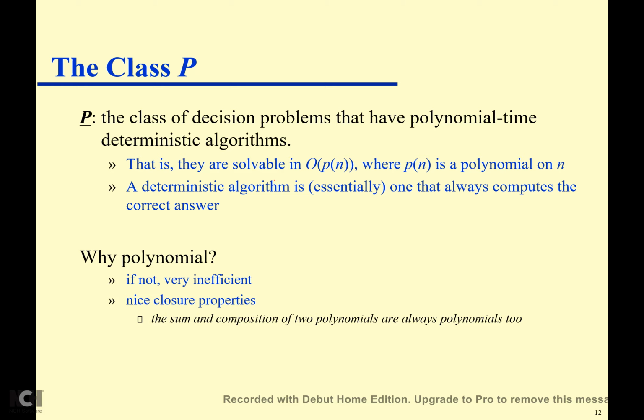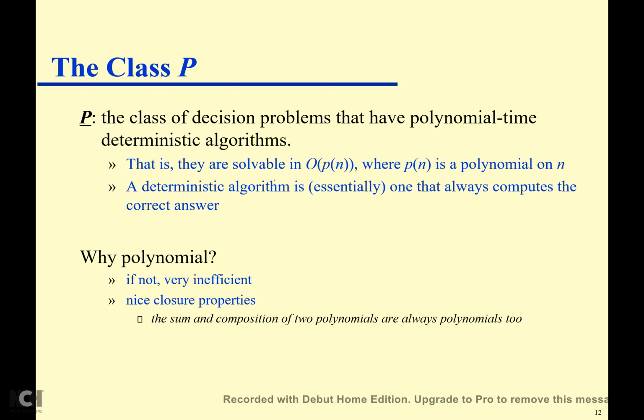That's the class P. This corresponds to the class of decision problems that have a polynomial time deterministic algorithm. Keep in mind, this is a decision problem. We expect a yes or no answer, and this yes or no answer just needs polynomial runtime, then they are solvable.